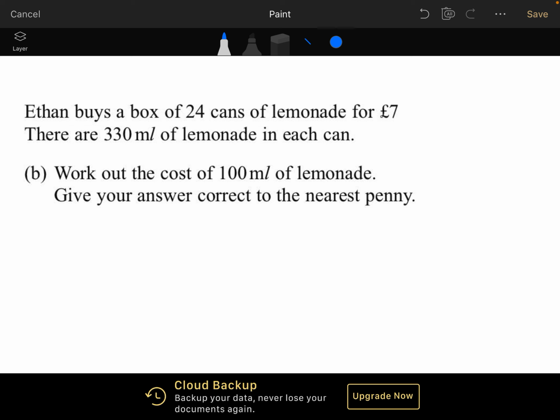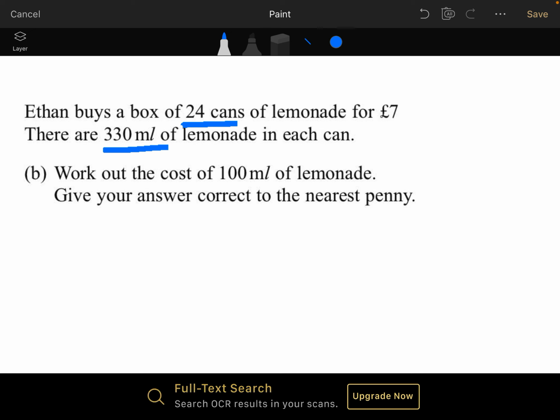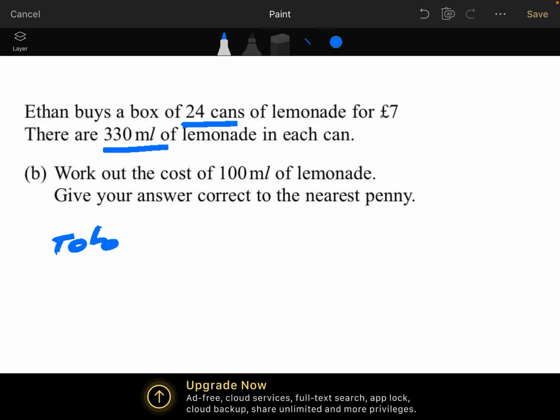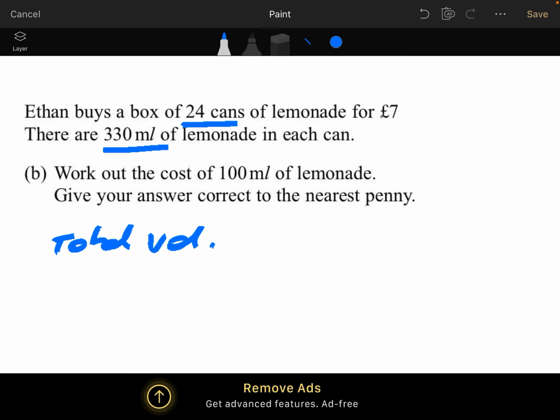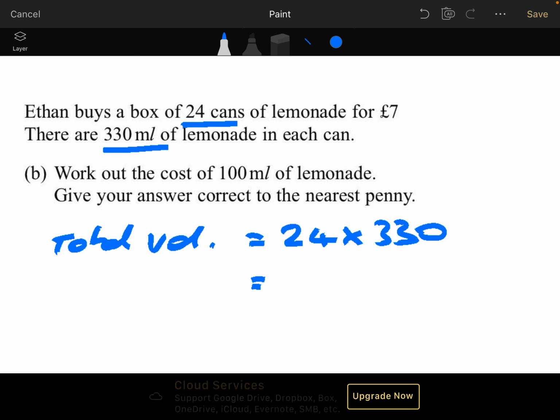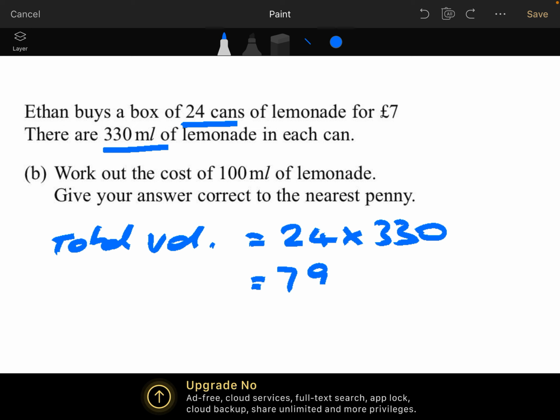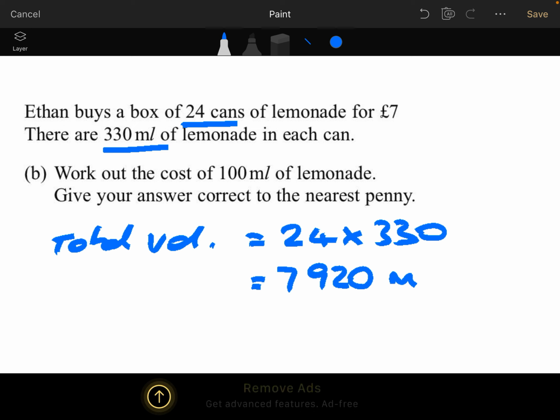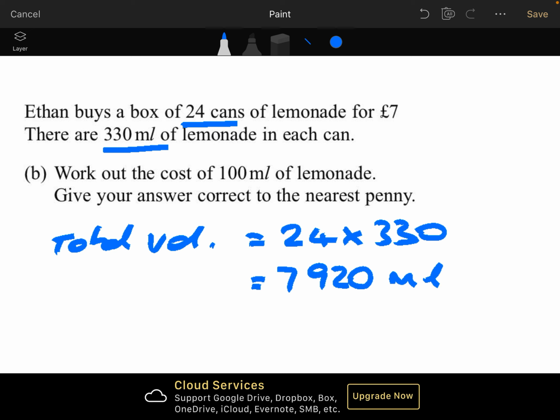So if we've got 24 cans in total and 330 millilitres in each can, the total volume of lemonade is equal to 24 lots of 330, and that is, calculating on my calculator, 7,920 millilitres of lemonade altogether, and the cost is £7.